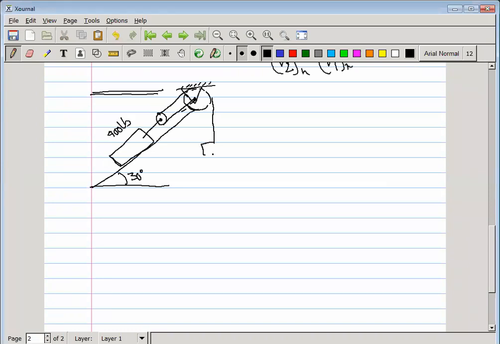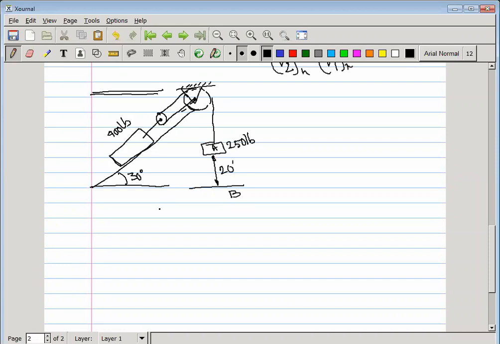This is the load, and this height is given as 20 feet, and this body A is 250 pounds.